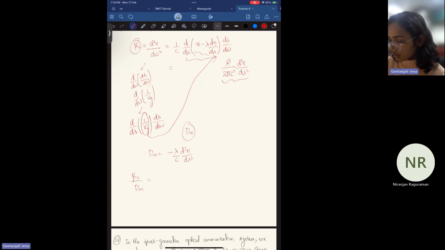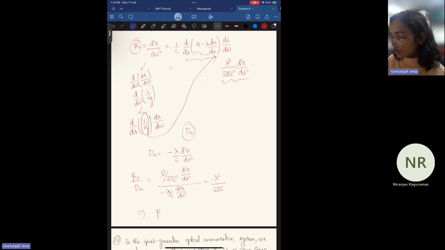Lambda cubed over 2 pi c square, d square n by d lambda square, over minus lambda by c, d square n over d lambda square. So this will give minus lambda square over 2 pi c.